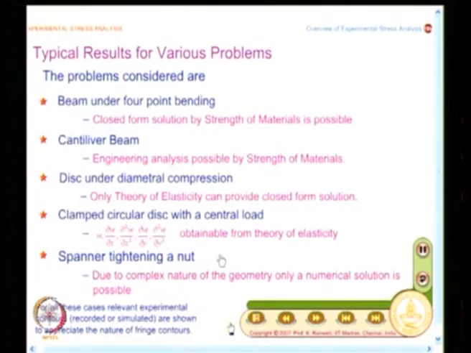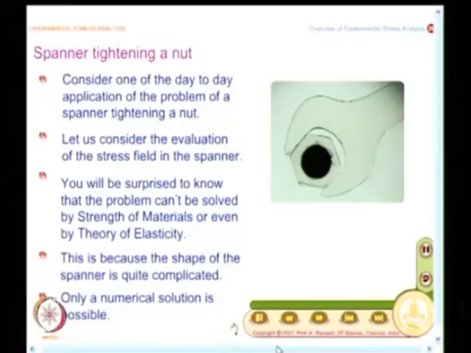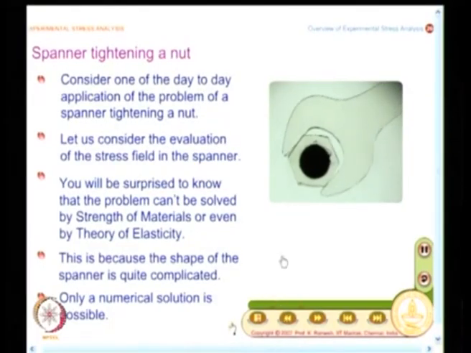What I am going to look at is, we have already looked at day to day application of the problem, and surprisingly you do not have solution from strength of materials or even by theory of elasticity.